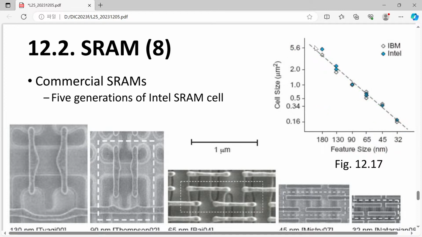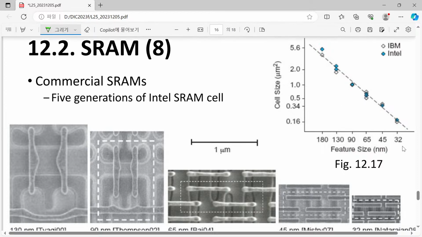But where are we now? Are we at this 32? What is the advertisement from our foundry companies? We are now living in the era of 3 nanometer, seemingly 10 times shorter than 32. Now please try to estimate the expected cell size.